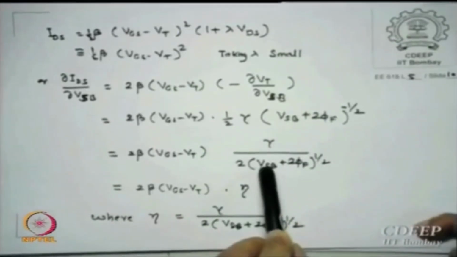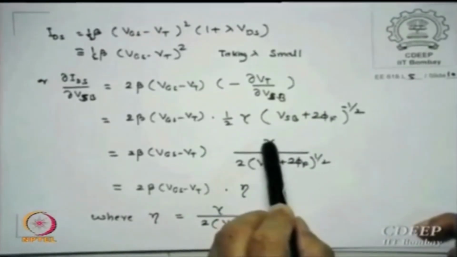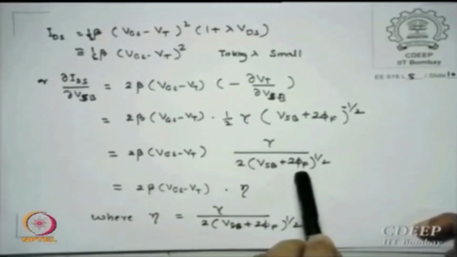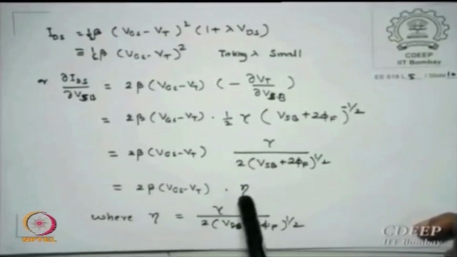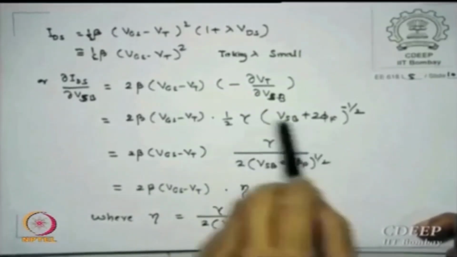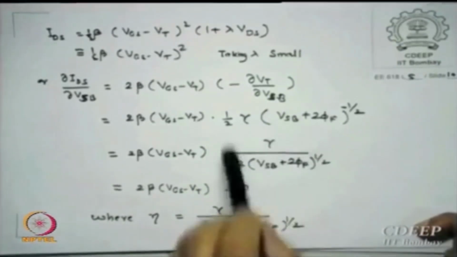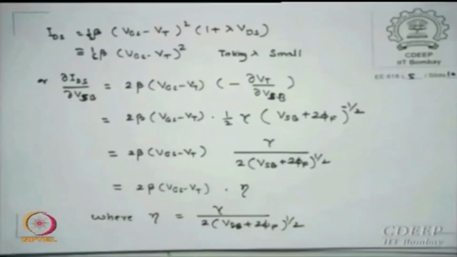For a given VSB, gamma is only a function of Cox and doping. So eta is some constant you have. What does eta represent? What is eta's importance? It takes care of Vt variation with substrate bias. You are worried that if substrate bias indirectly also appears, Vt is going to be affected.